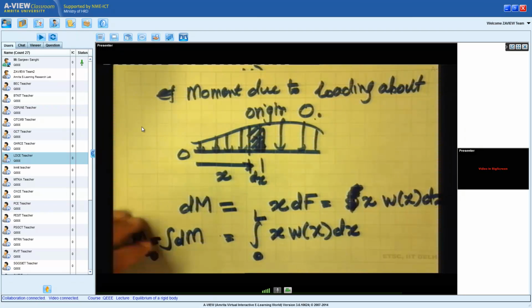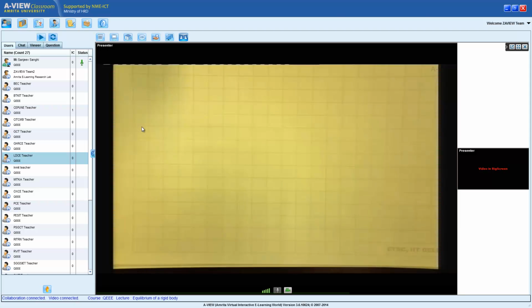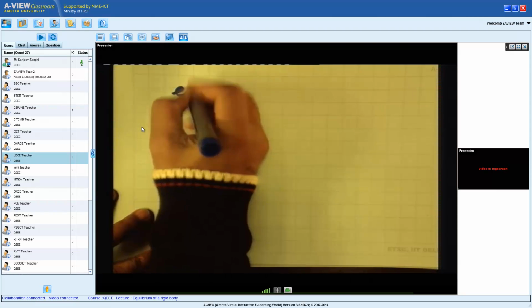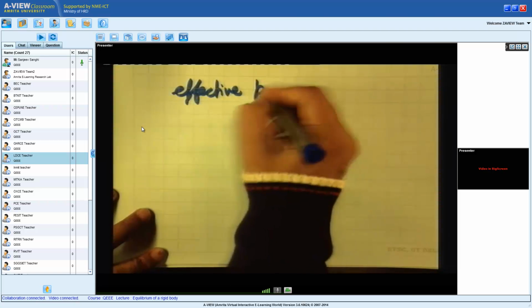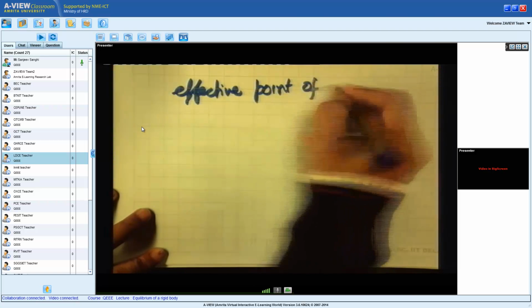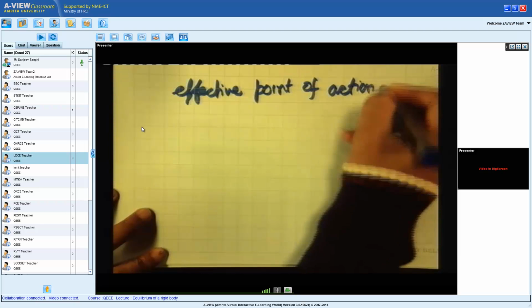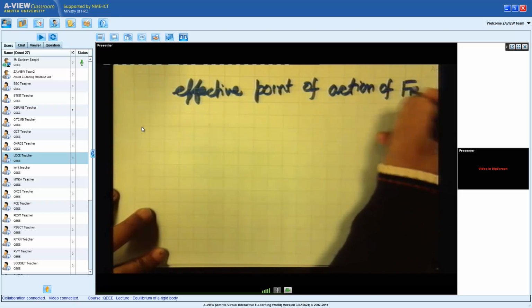And now coming back to the question, what was the effective point of action of the resultant force?